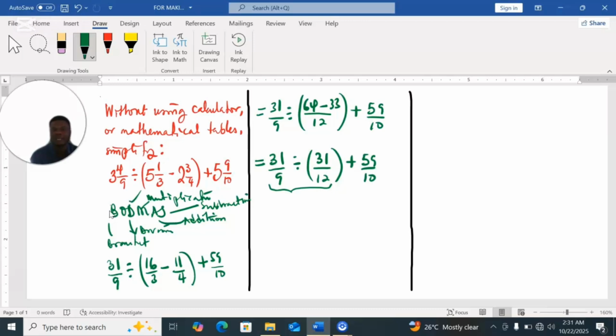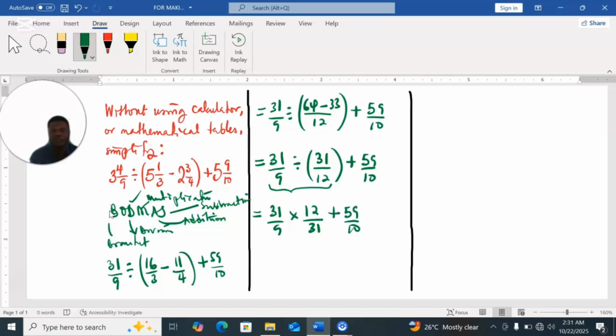So 31/9 divided by 31/12 is the same as 31/9 times 12/31, in which case you take the reciprocal, plus 59 divided by 10.